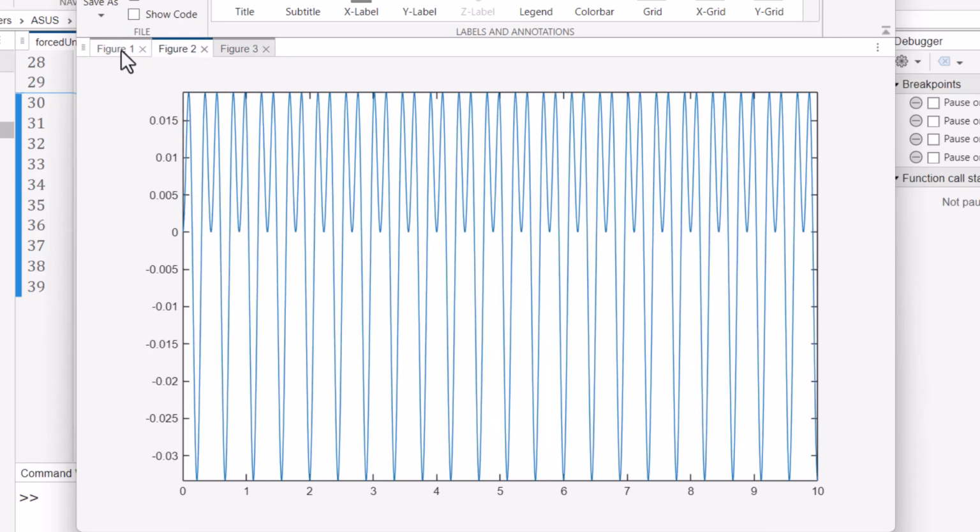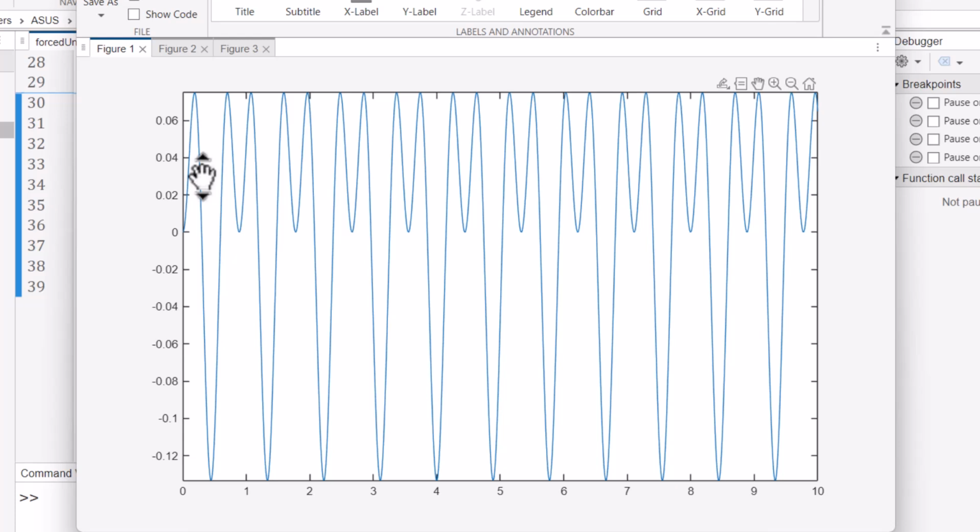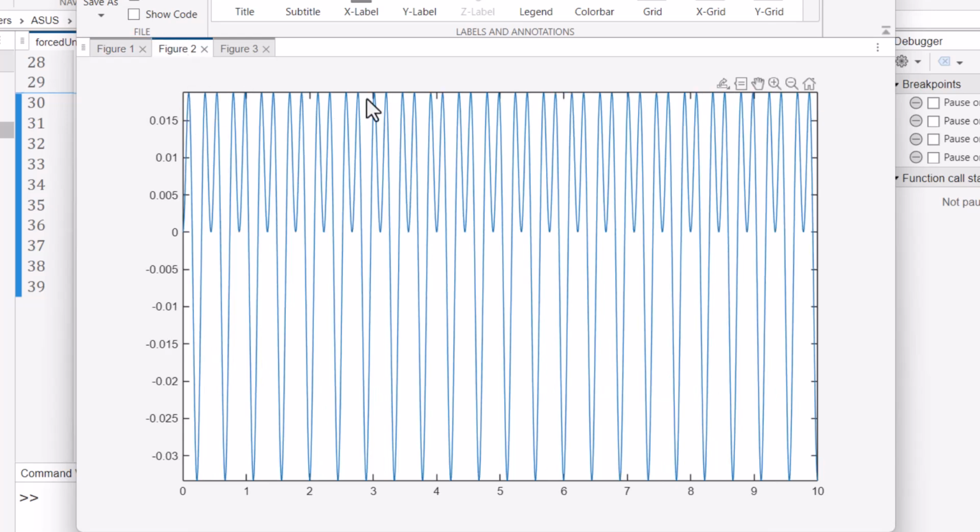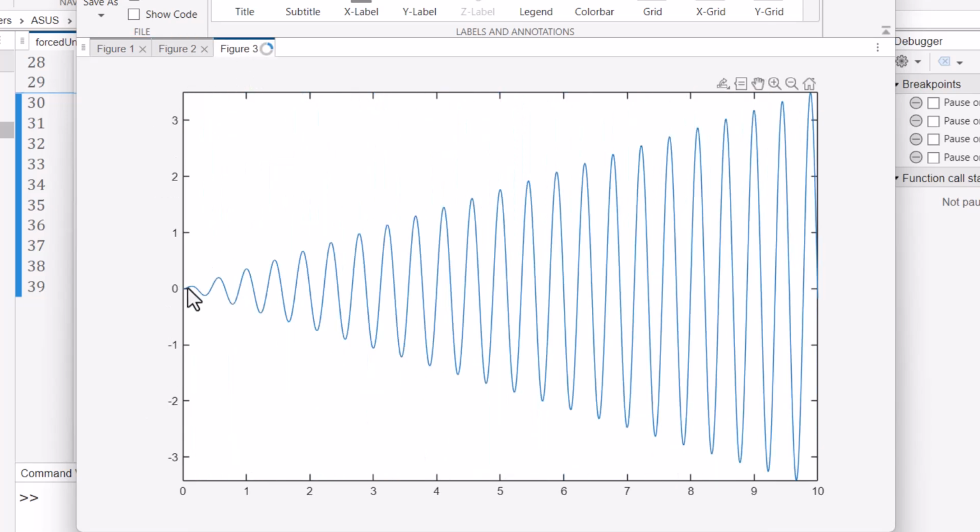So the previous cases had a contained vibration, meaning that the amplitude of oscillations was not increasing with time. They were having a boundary. But this case, which is called the resonance, is so important, so dangerous, and you can see that the amplitude of oscillations is increasing linearly with time.